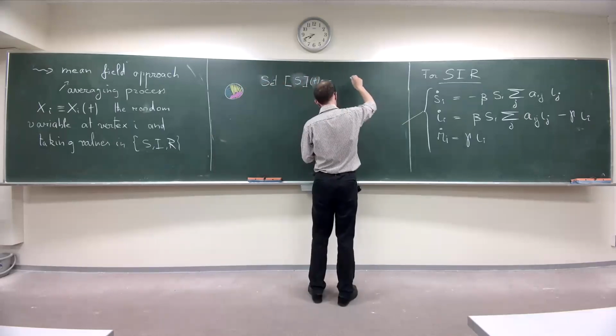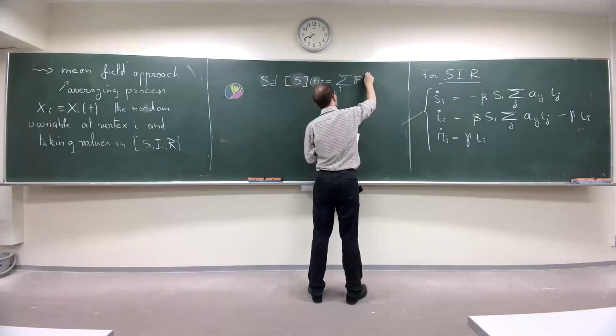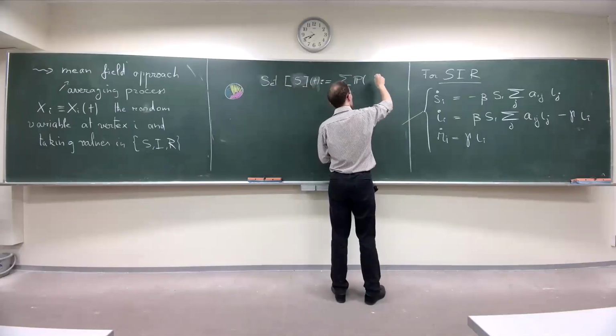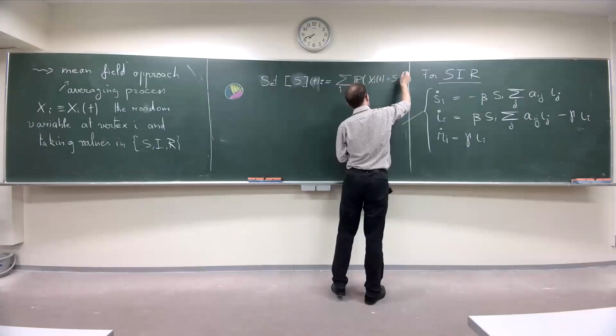S of t is the sum over i of the probability that x_i of t is equal to S.